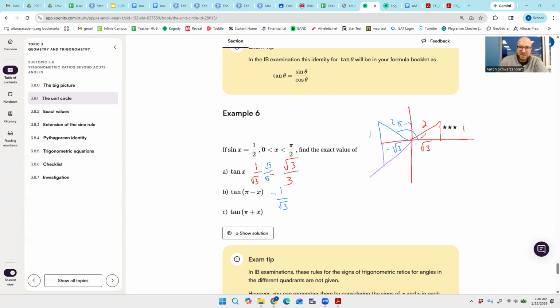And pi plus x down here. So now I've got a negative on both of them. So that becomes positive. So it's negative over negative, or 1 over square root of 3. And that's the end of this section.